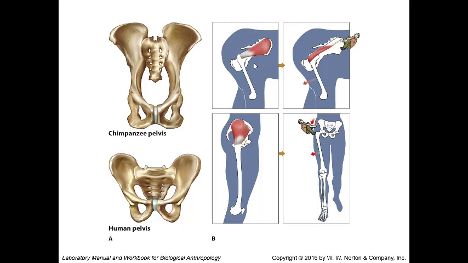In humans, the medius and the minimus gluteal muscles abduct the leg. That is, they pull the thigh away from the midline of the body when the leg is extended. As the thigh is abducted, it also rotates inwards and provides a more stable support for the hip during walking. So we have a different pelvic structure to reflect that.